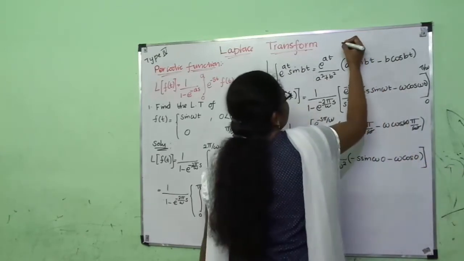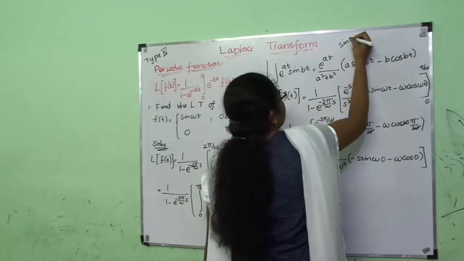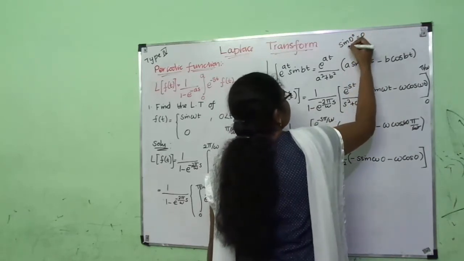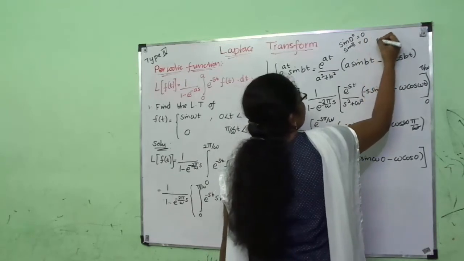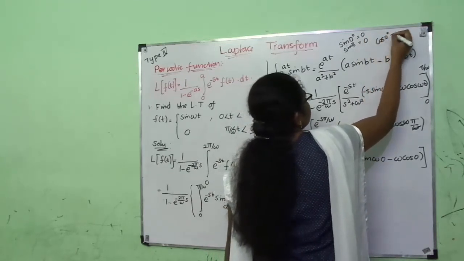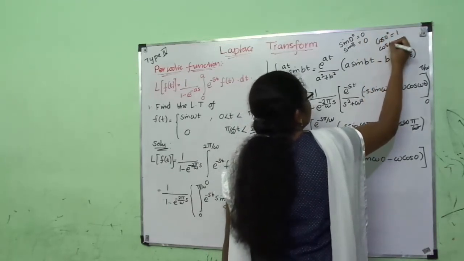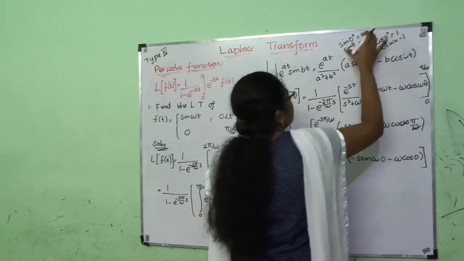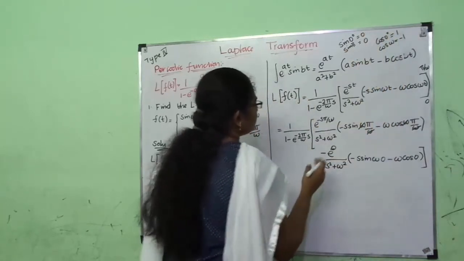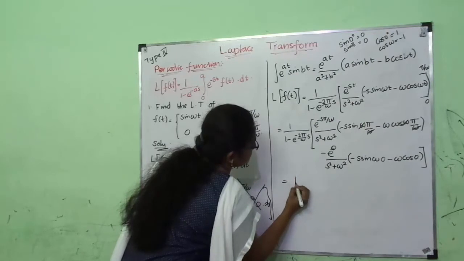Now note the values. Sin 0 value is 0, sin pi value is also 0, cos 0 value is 1 and cos pi value is minus 1. Let's substitute these values here and find the Laplace transform.